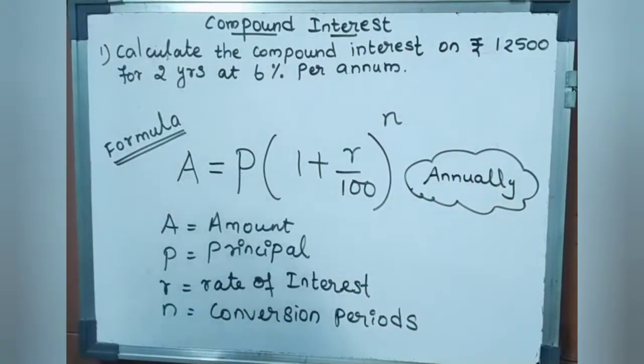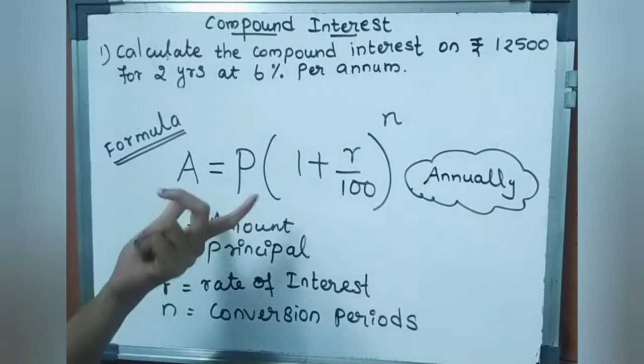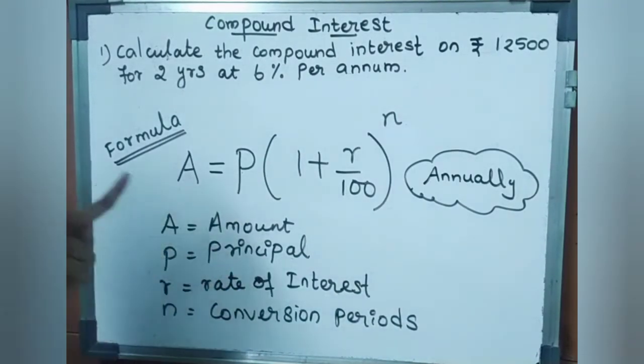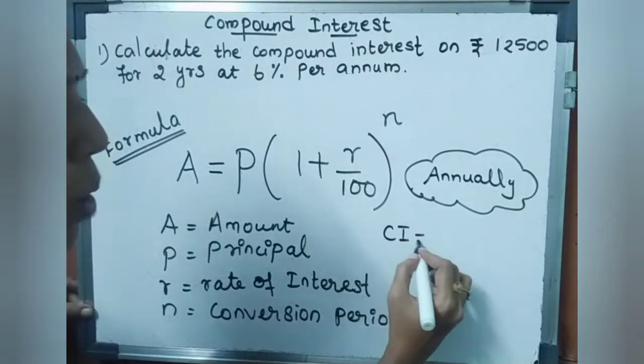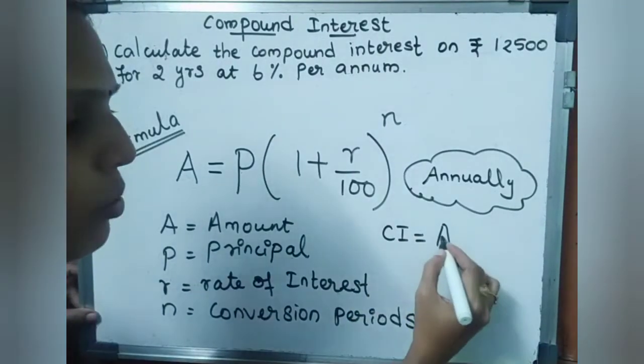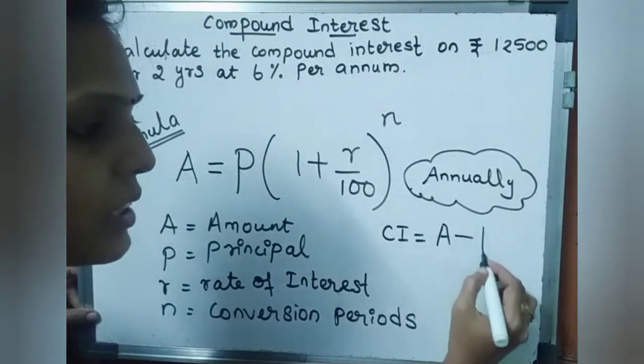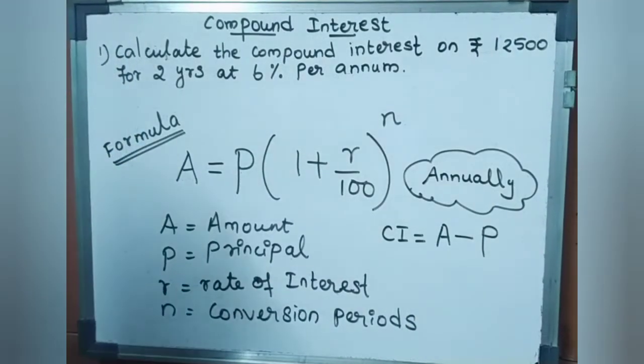If the problem comes under the annual type, we use this formula to find the amount, and then automatically we can find the compound interest. So compound interest annually means amount minus principal. When writing the amount in decimal form, at least 2 decimal places should be there. We should not leave the answer with a single decimal place.